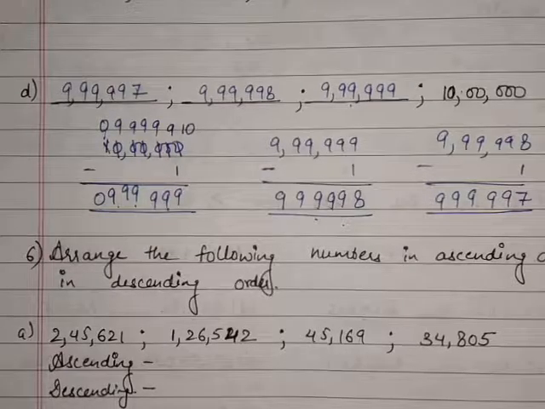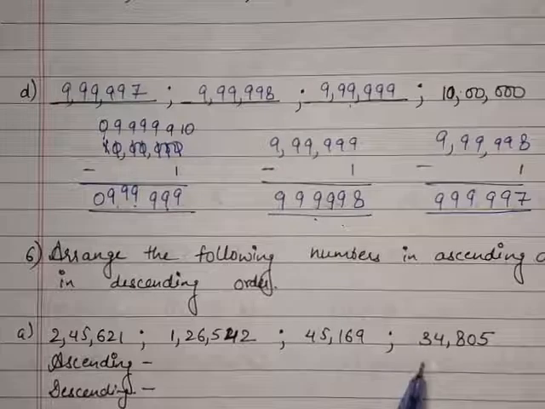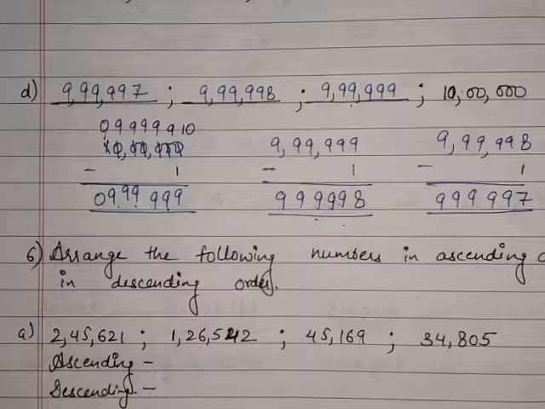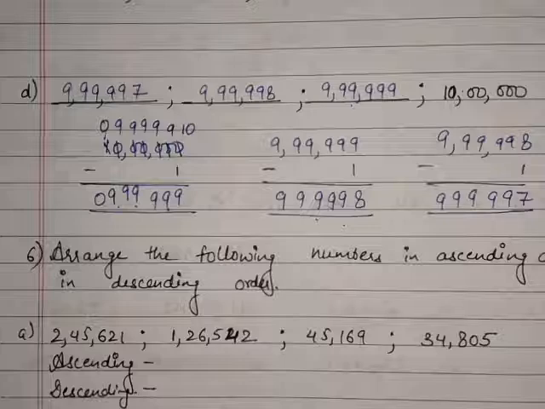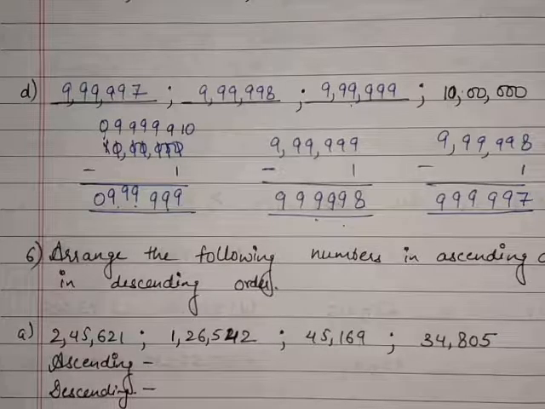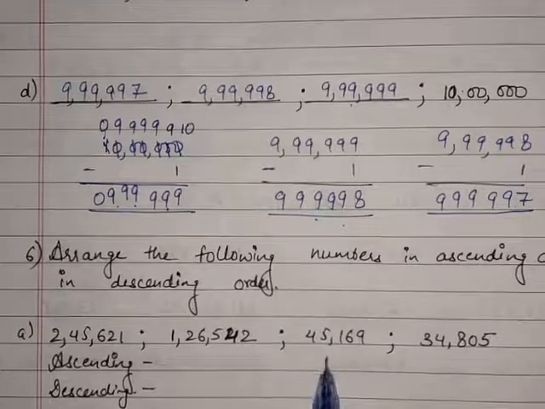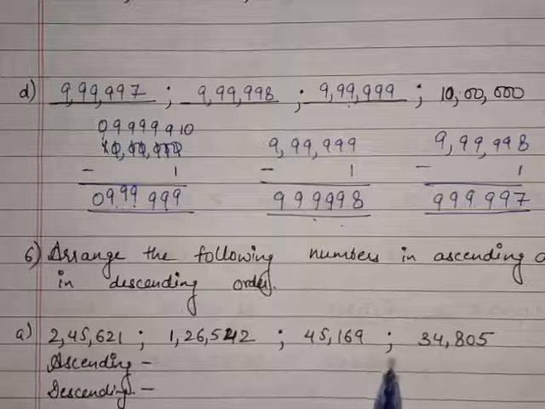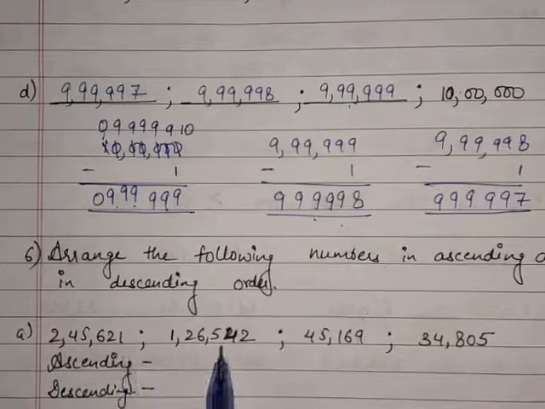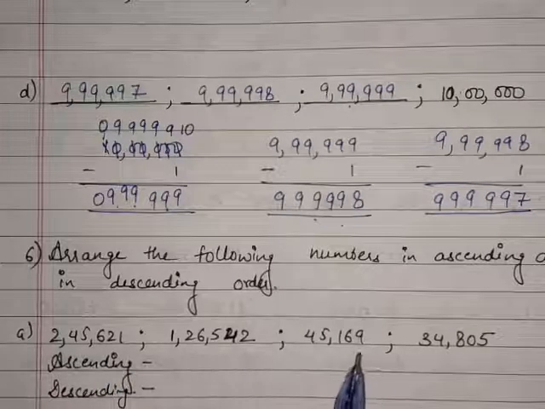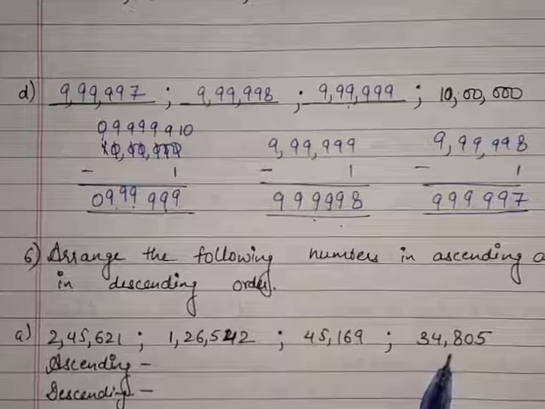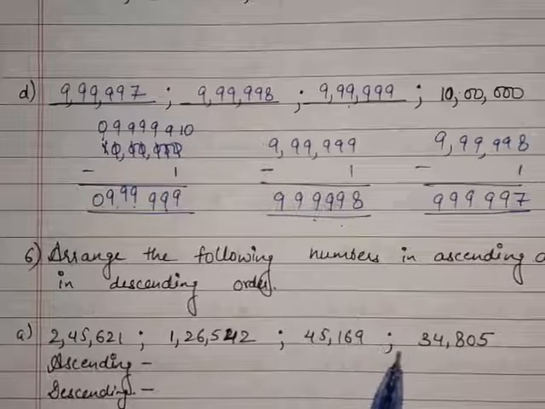Now we can see that these two are 5-digit numbers and these two are 6-digit numbers. So which is our smallest number? These two are 5-digit numbers, meaning they are smaller than the 6-digit numbers. Now firstly we will see our two 5-digit numbers, which one is smaller than which.